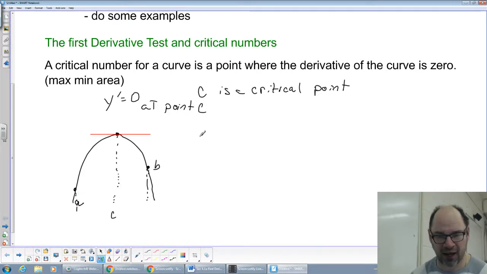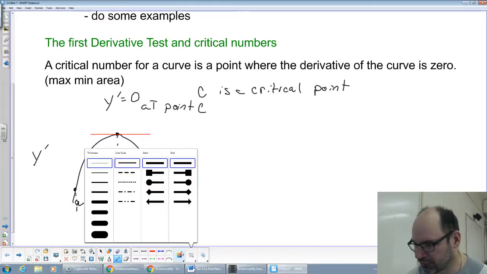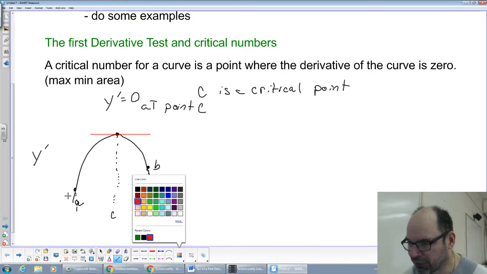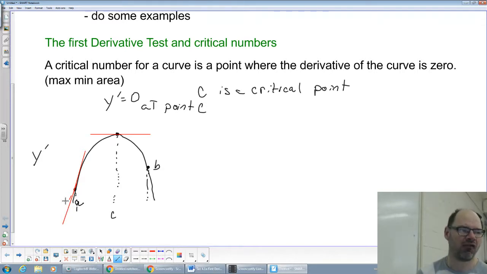So at point A, if we were to draw a tangent line to represent the slope, we could see that that slope is actually positive, correct? It's climbing from left to right upwards.